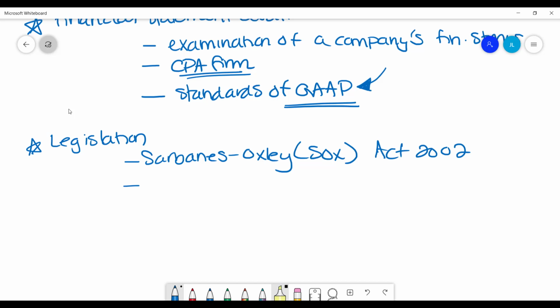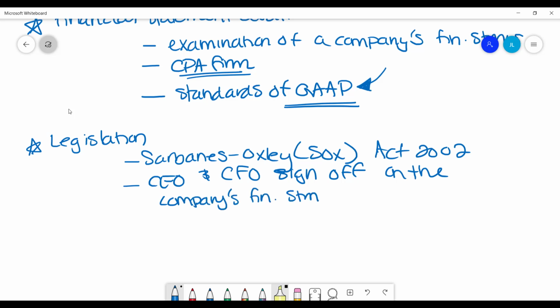This legislation also put additional responsibilities on the backs of the board of directors and audit committees. And another thing is the CEO and the CFO must certify or basically sign off on the company's financial statements.